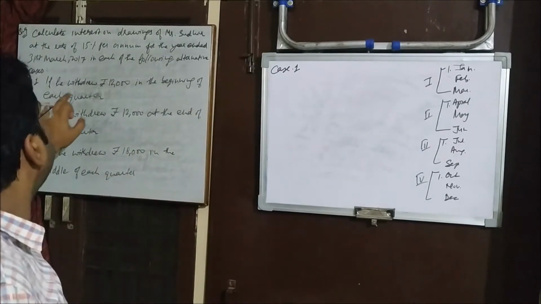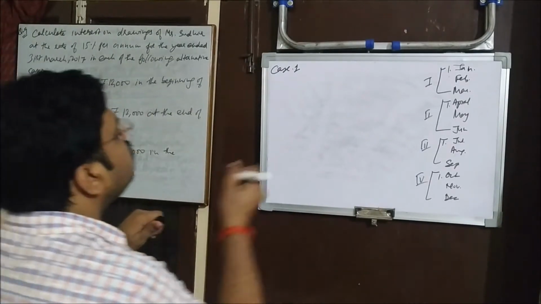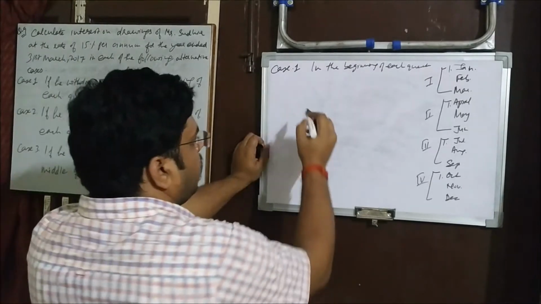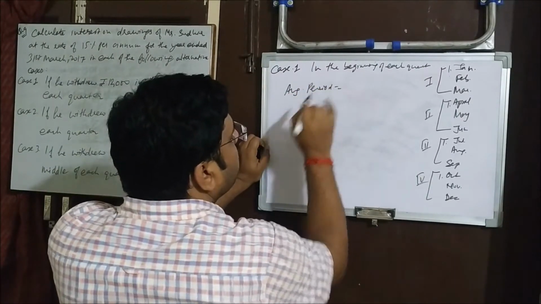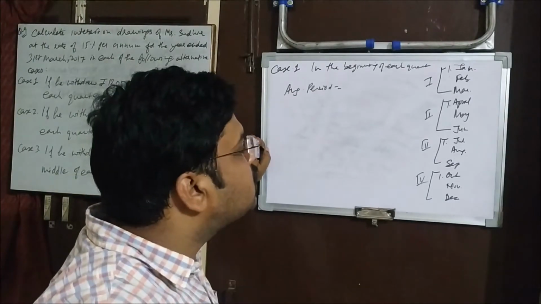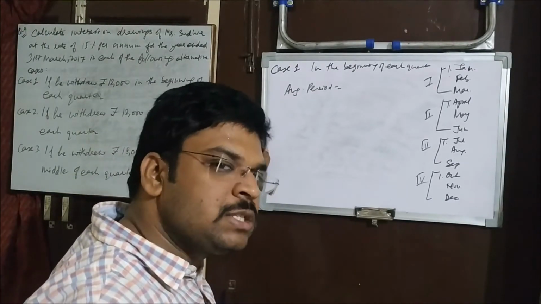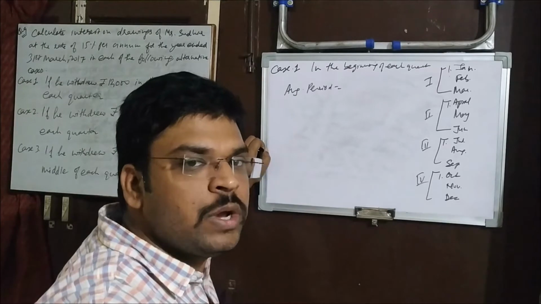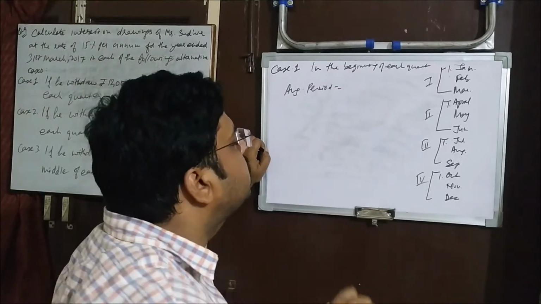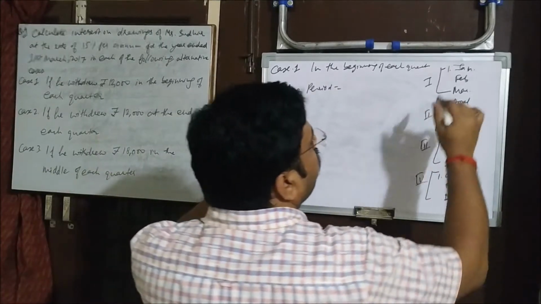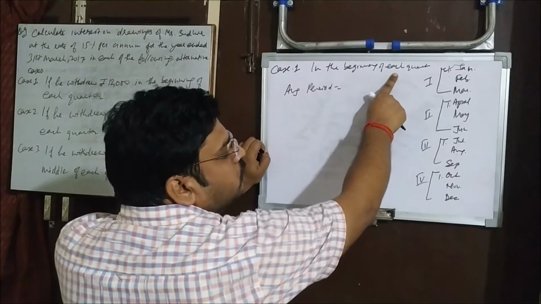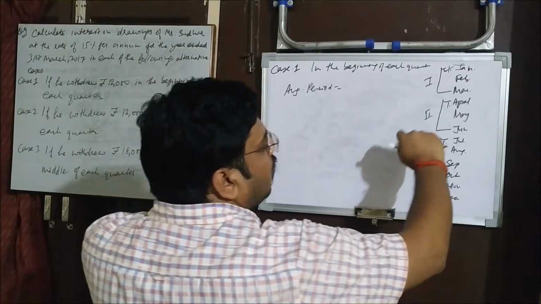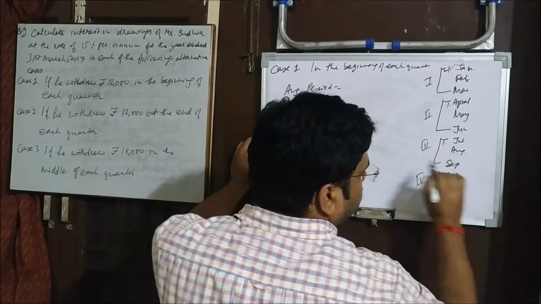Now let's consider this example. Case 1 says that if he withdraws the amount in the beginning of each quarter, very first we need to calculate the average period. What is the formula for average period? Months left after first drawing plus months left after last drawing, divided by 2. He made the first drawing on 1st January, in the beginning of each quarter, and the last drawing on 1st October.